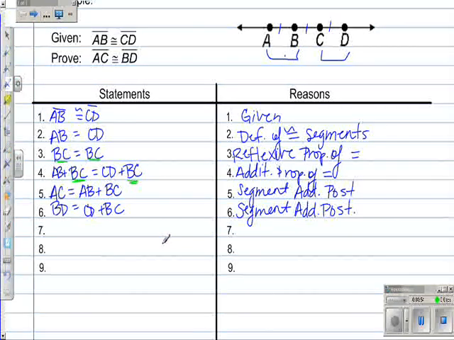Okay. Well, now I can use substitution to substitute either one of these into this equal statement right here.